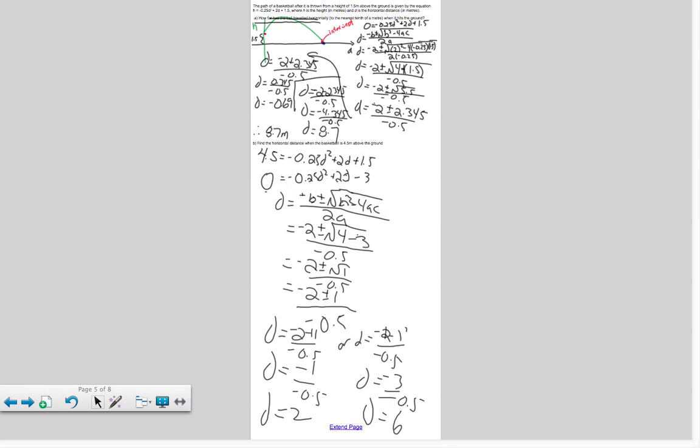At D equals 2 meters, the ball's still going up at 4.5 meters. So this is just an application of the quadratic formula to solve equations in a word problem. For B, the 2 correct answers would be 2 and 6. There are 2 points where the ball was 4.5 meters above the shooter.